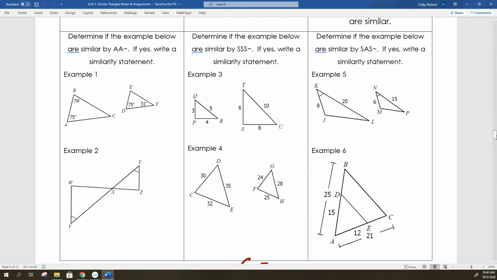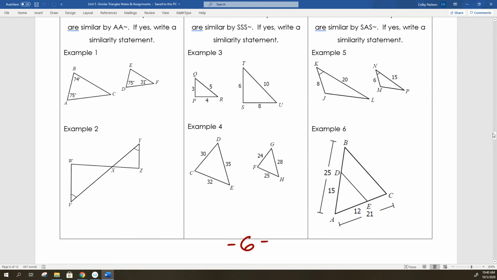Let's see. Determine if the examples below are similar by angle similarity. So I have a 74-degree angle, a 75-degree angle. Here I have a 75, so I have one that matches up. Can I find out what this angle C is to determine if it matches up with this angle F or E over here? So take out your calculator and subtract 74 and 75 from 180.